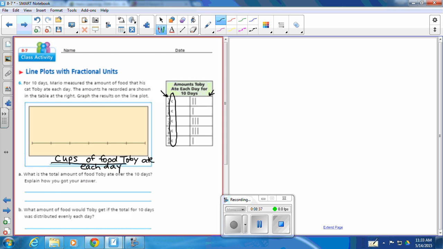Okay, so what would be our first tick mark here on our line plot? What's the first number in the data? I kind of covered it up, but what's that first one? 1/4 cups, right? How many times did that occur? How many days? Okay.